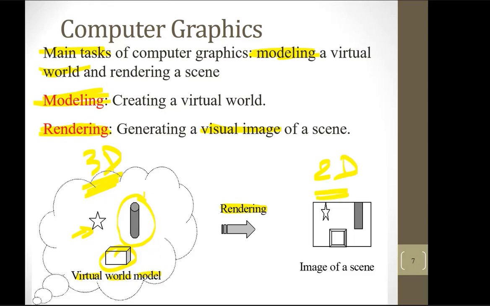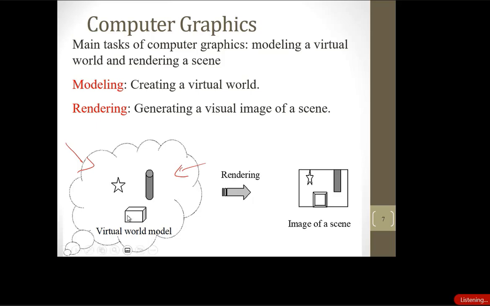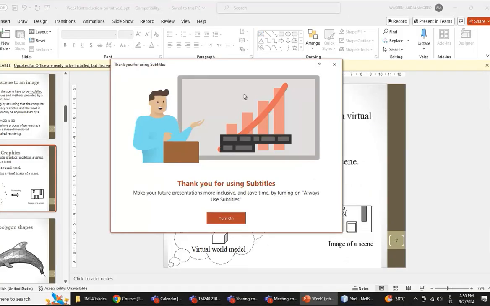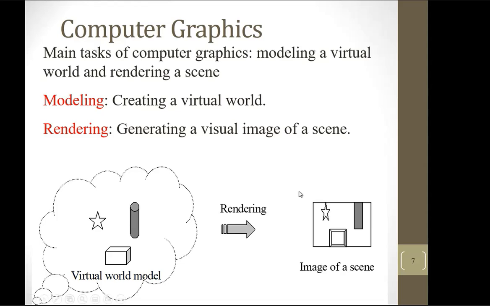Let's suppose that we have a camera, and we can select where to put it. The camera can be from this side, this side, or this side. The camera will not give us a 3D visualization, but a 2D visualization. Any question about this?